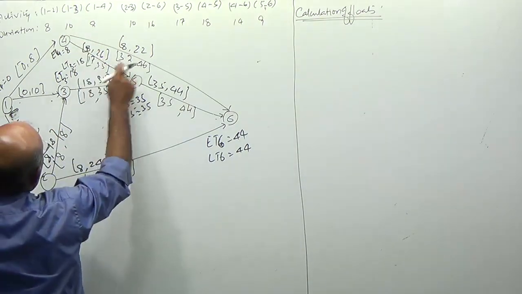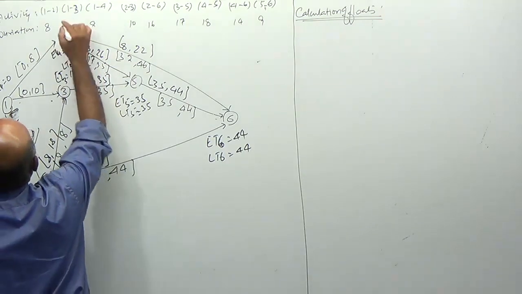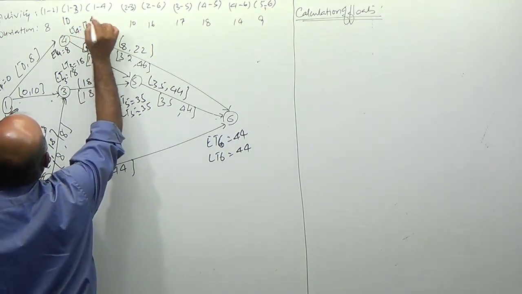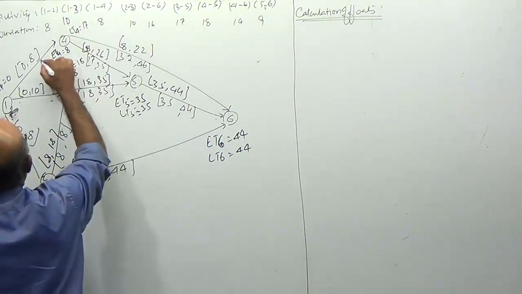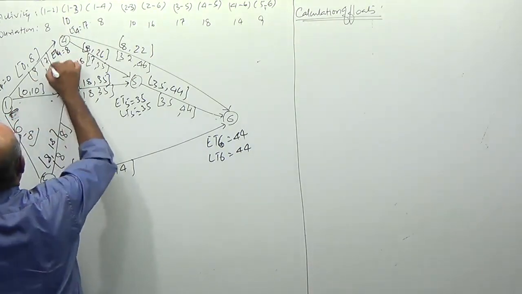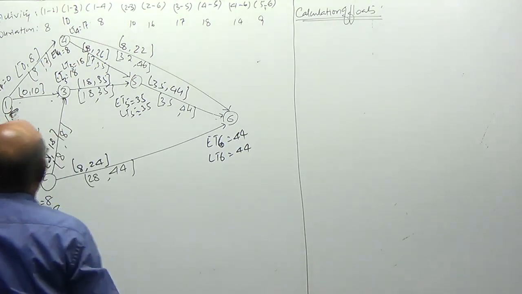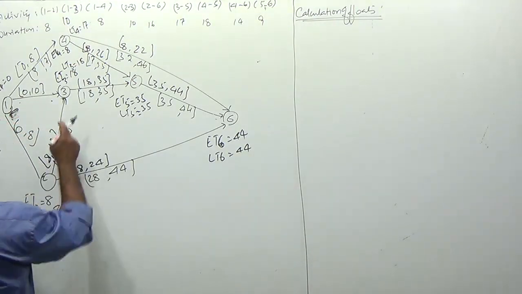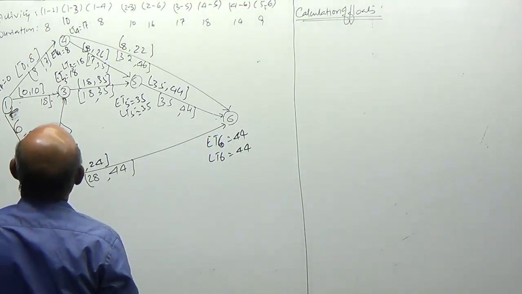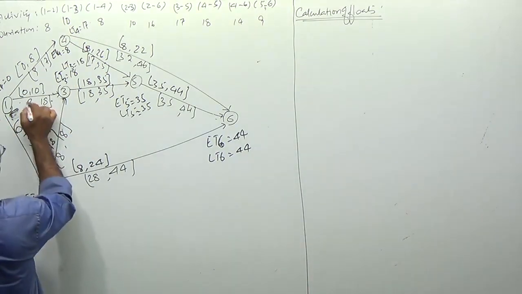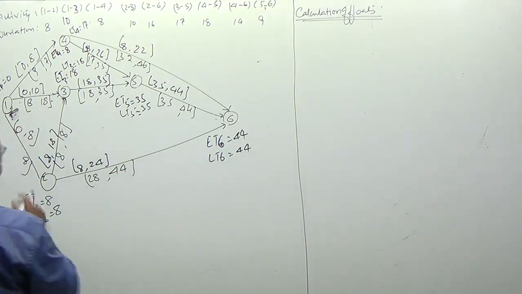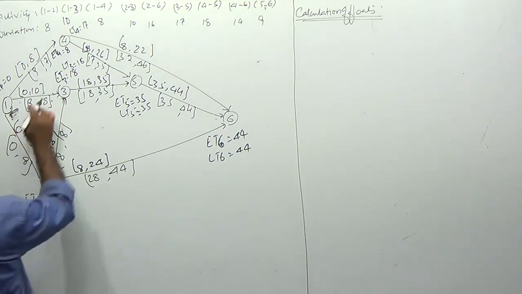It's a bursting node, sir. 17 and 32, minimum is 17, latest timing of 4 is 17. 1-4 will take 8 days, so 9. 1-3 will take 10 days, so 8. 1-2 will take 8 days, so 0.